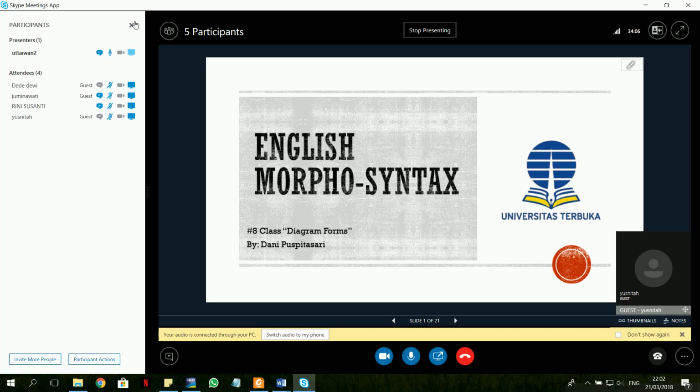So today we are talking about chapter 8. If you have your own book, you can open your book on page 8.1. The title is Diagrammation Forms and Hierarchy Constituent. Have you found the page?